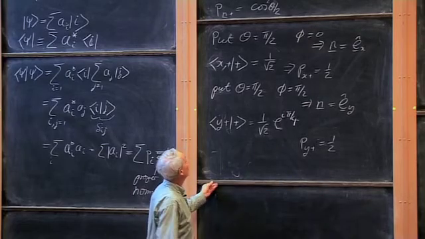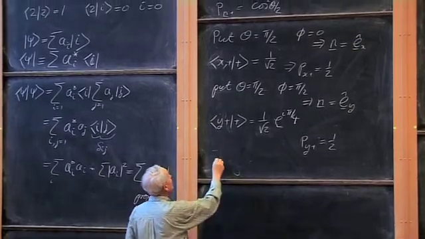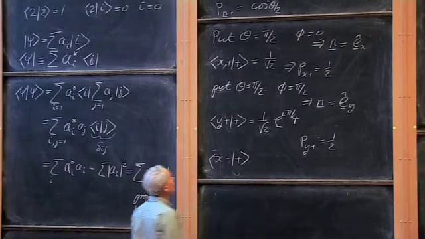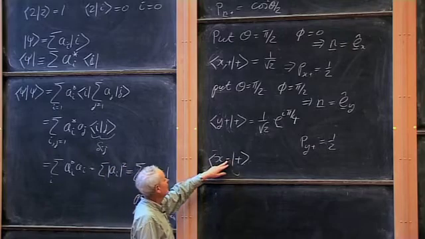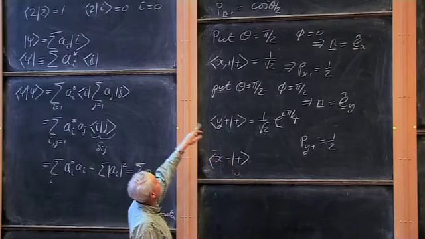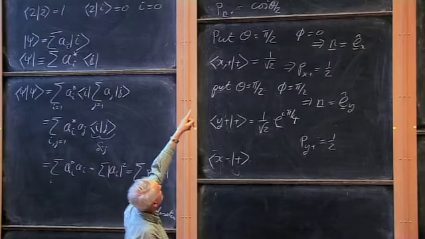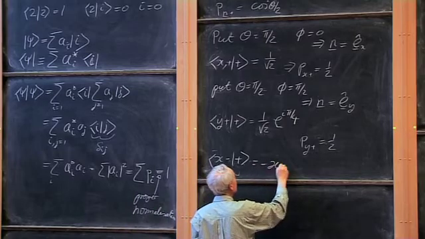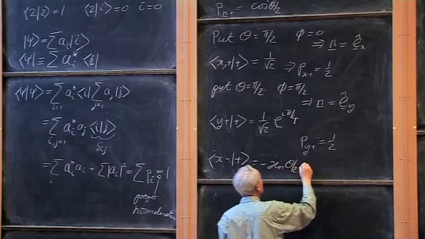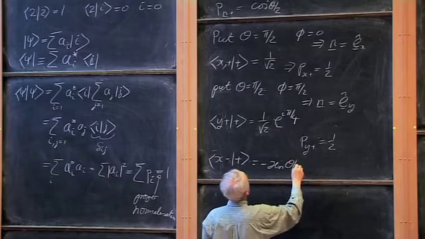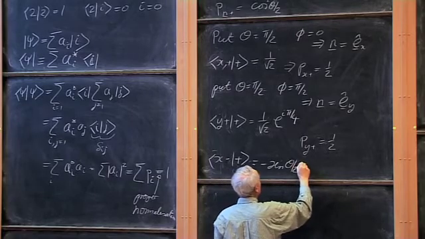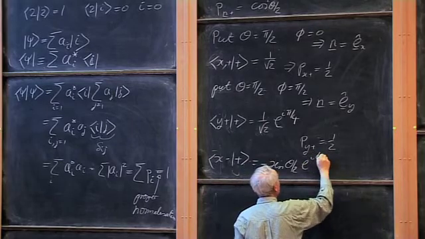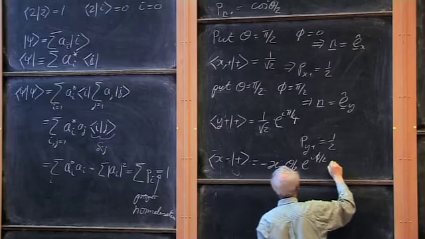If we calculate the corresponding negative amplitudes, let's calculate x minus. Let's find the amplitude that it's pointing minus on x. So then we have to take that n minus thing and bang it into plus, and what survives is the minus sine theta over 2, well, strictly speaking, e to the i phi over 2.